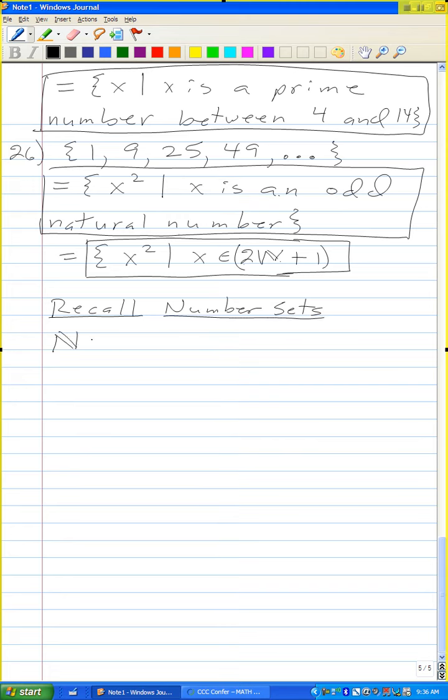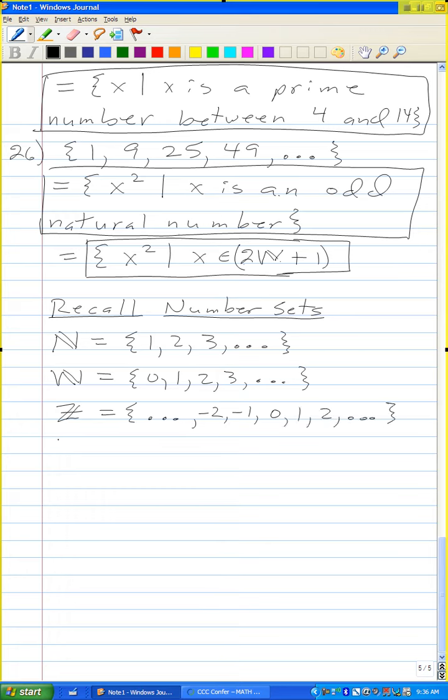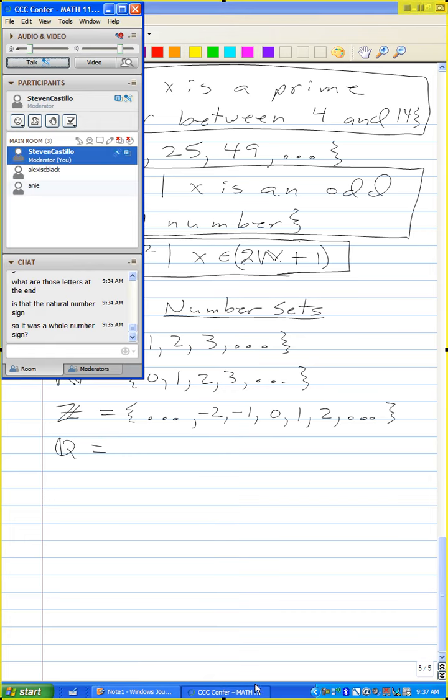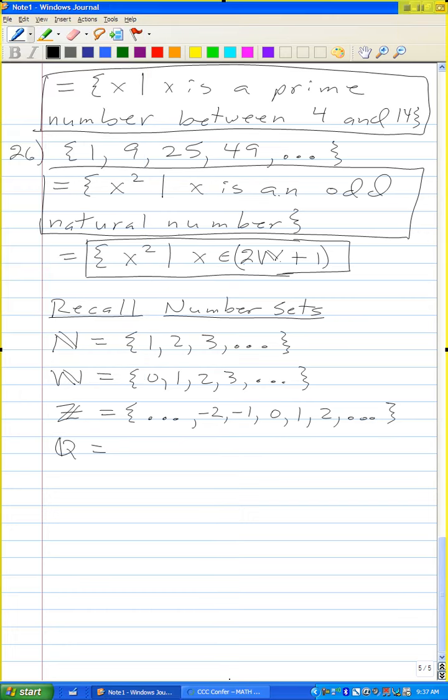This is natural numbers, whole numbers, integers, rational numbers.